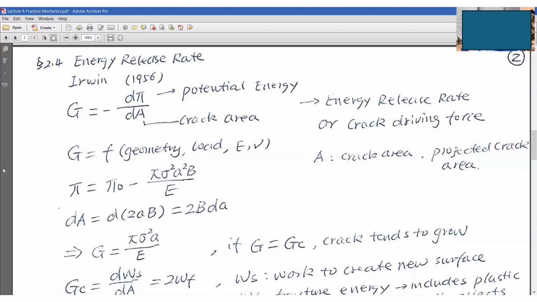At the very beginning of this lecture I showed you, for a cracked body with a through thickness crack, how to calculate the potential energy. We have this equation: pi equals pi 0 minus pi sigma squared a squared b divided by E. E is Young's modulus, and pi 0 is the potential energy of the uncracked body, with no crack.